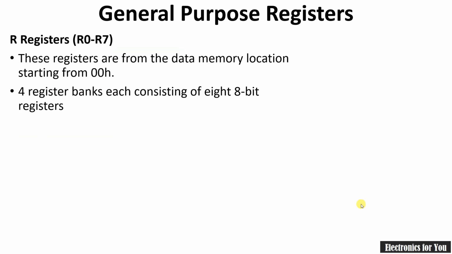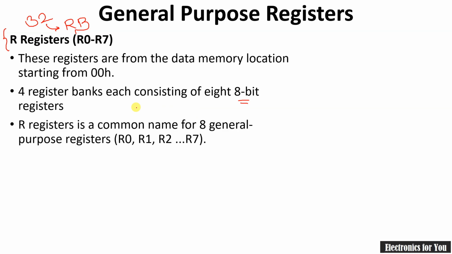Now let's talk about the next block of registers, which are 32 in number. They are generally organized in register banks. So there are total 4 register banks. Each register bank is having 8 8-bit registers, and these registers are named R0, R1, R2 and so on up to R7.